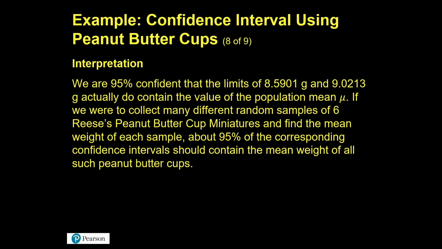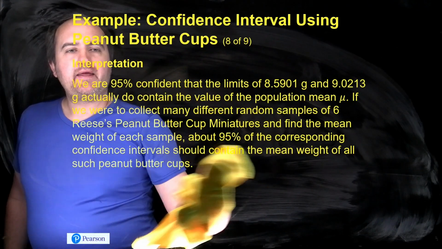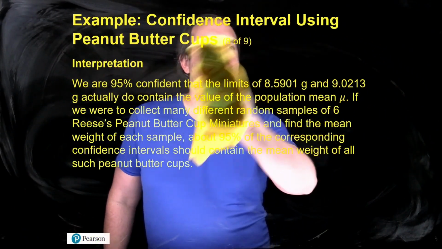So they say we are 95% confident that the limits of 8.5901 grams and 9.0213 grams actually do contain the value of the population mean mu.